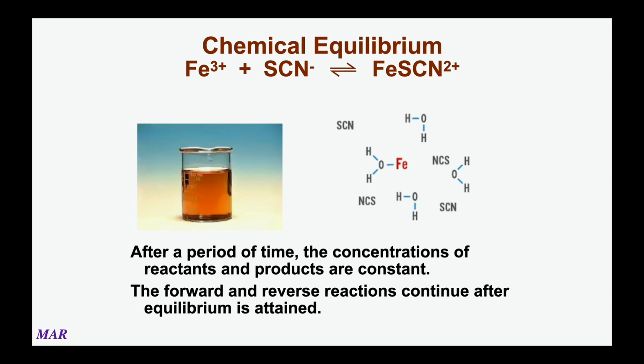Once equilibrium is attained, you don't have an excess of reactants being turned into products or an excess of products going back to reactants. It's a steady state, as they say in science, which just means the forward and reverse reactions stabilize. And when you get to this stabilization, that's when you're at equilibrium.